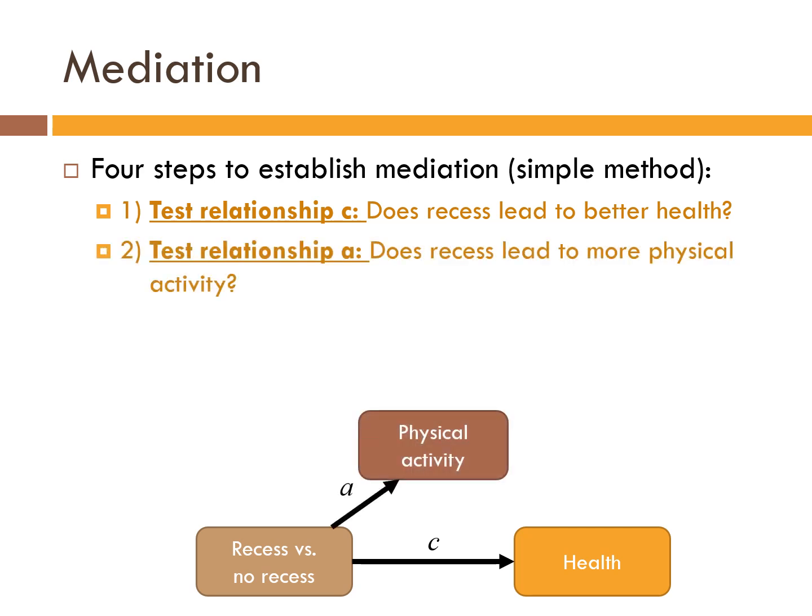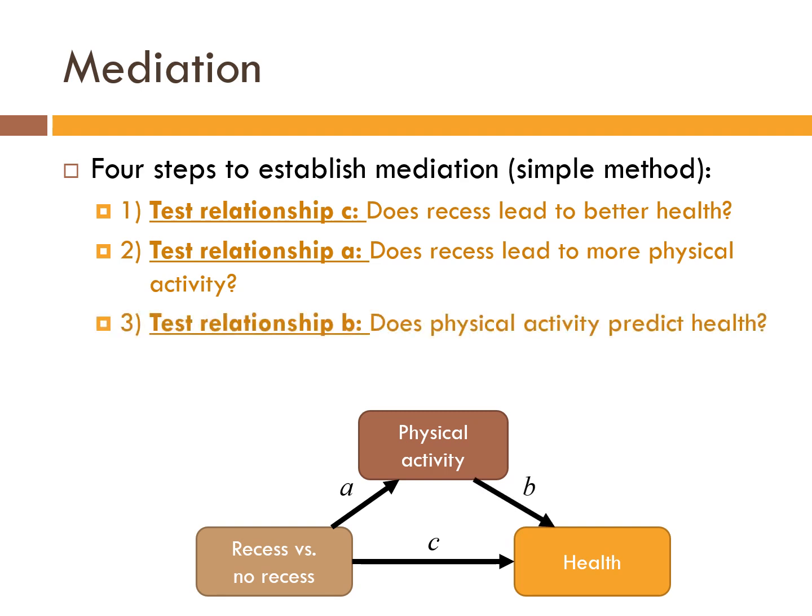We then are going to include our other variable, which is physical activity, and we're going to test this relationship known as relationship A. This is saying, does more recess also relate to physical activity? The hope in my researcher mind being that the ones who are outside are getting more physical activity. I think that'll be a pretty strong correlation there. Then I'm going to test my B relationship, where I see, does physical activity relate to health?